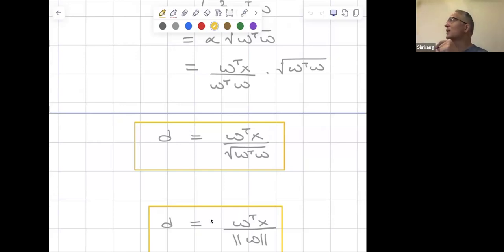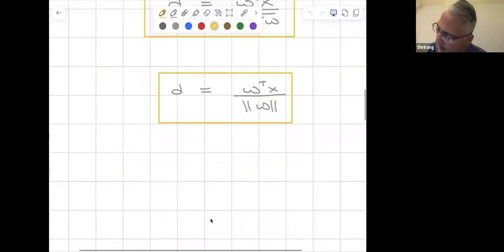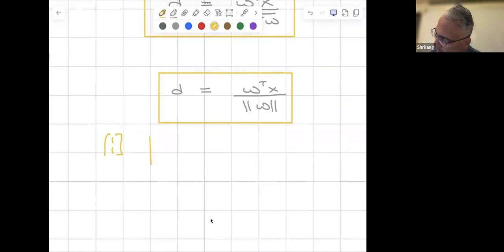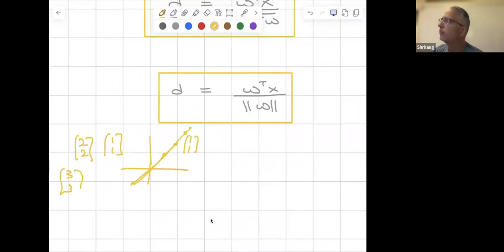Except, now here is the reason why we want unit vectors. If W is not a unit vector, let's say W was (1, 1), it defines this line. This is the line (1, 1), but this is also the line (2, 2) and the line (3, 3), because they all lie on this line.